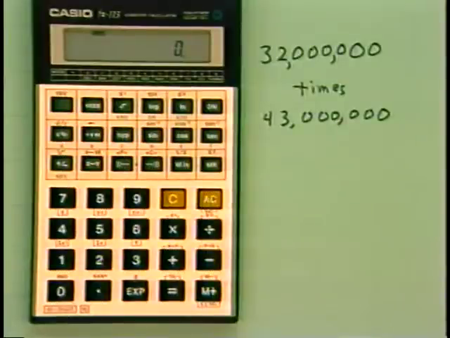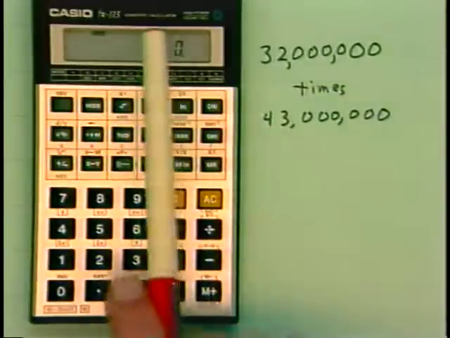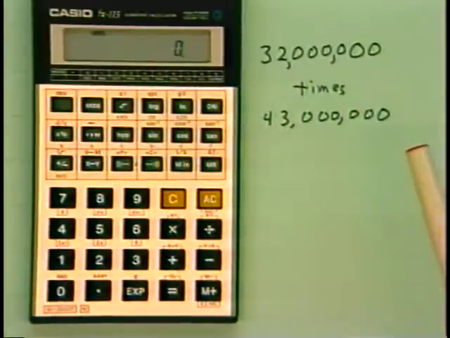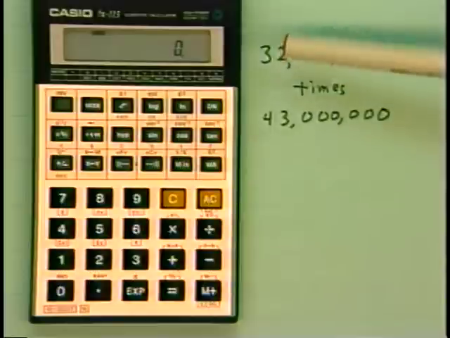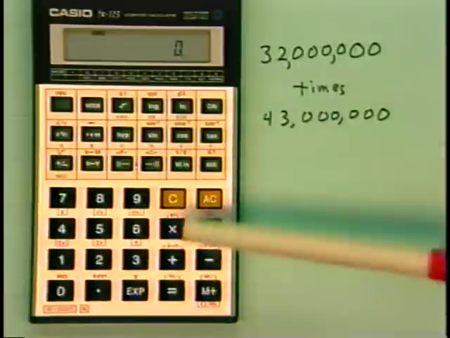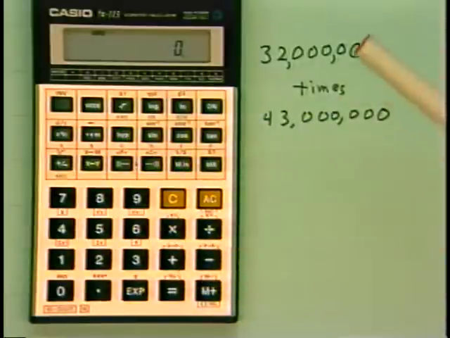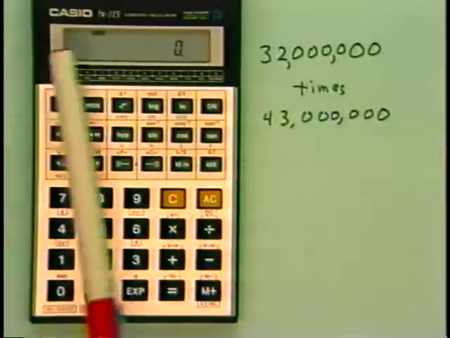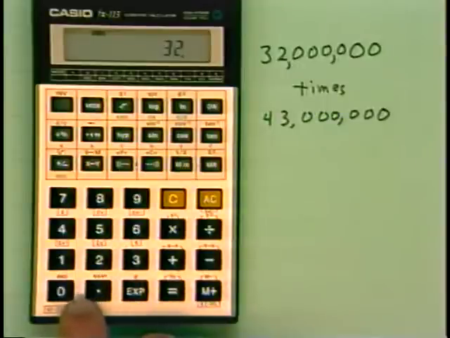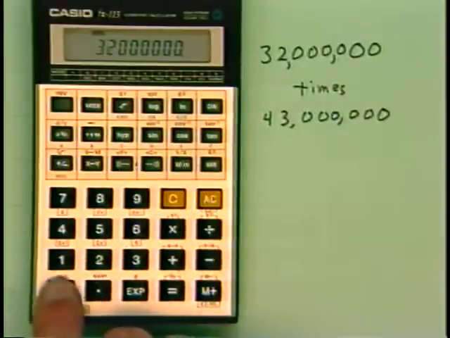Now, as promised on the last lesson, let me show you something about the scientific calculator and very large or very tiny numbers. If you were to ask to multiply 32 million times 43 million on a standard 4-function calculator, you'll find that you could get this onto the calculator. After all, we had 32, then 6 zeros.